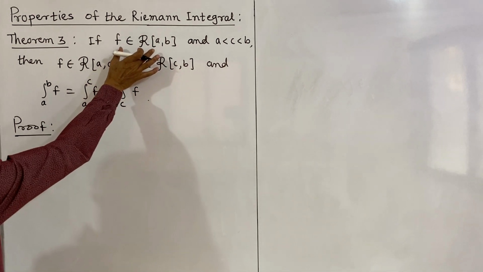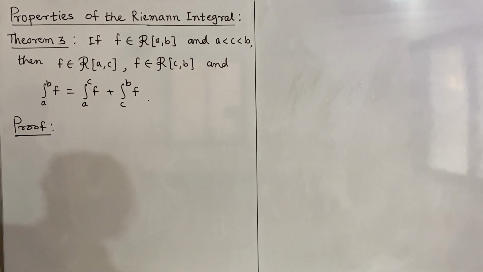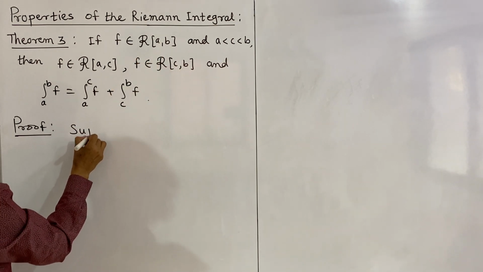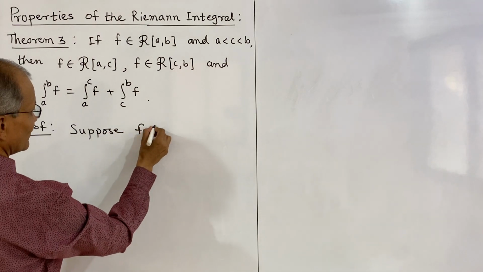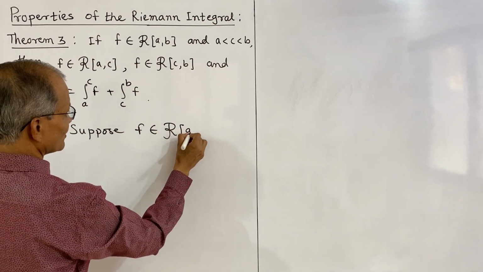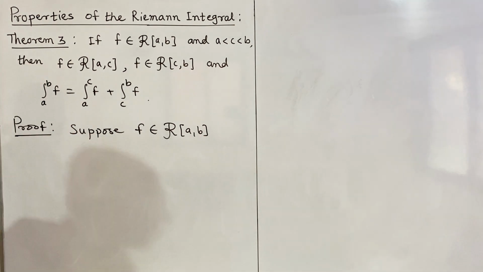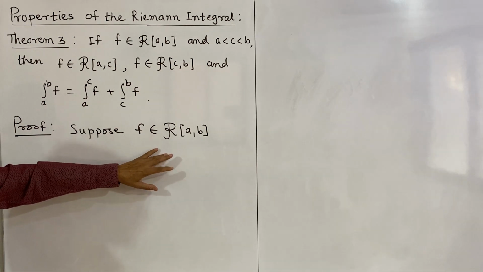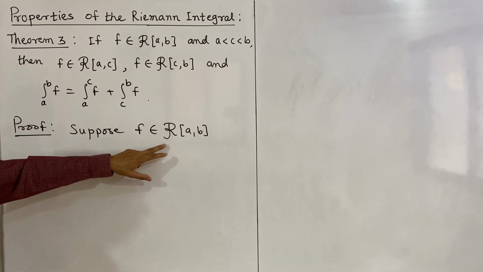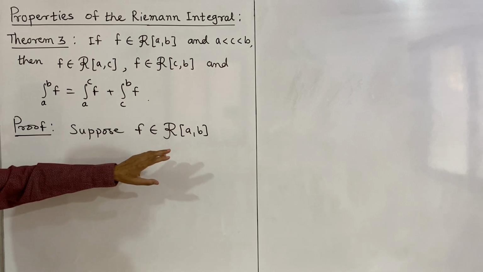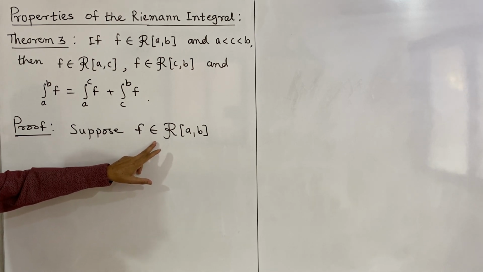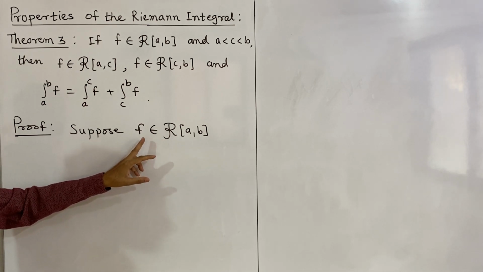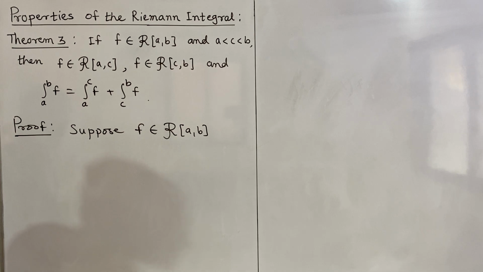First we shall see, consider this: let f be Riemann integrable over the interval a to b. Suppose f is Riemann integrable on the closed bounded interval a to b. Then by definition or the existence theorem, when we say f is Riemann integrable over this closed bounded interval a to b, the set E of points of interval a to b where the function f is not continuous is of measure 0.